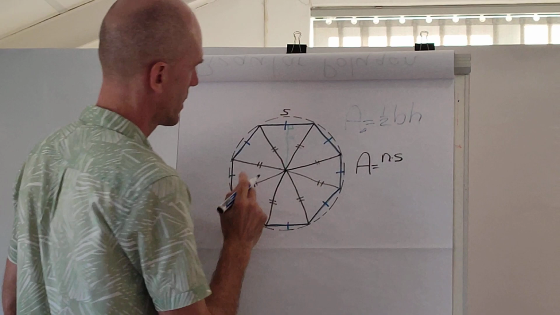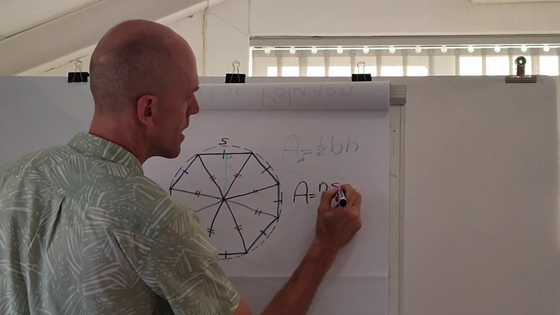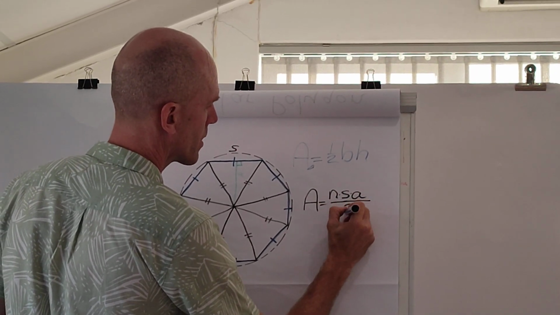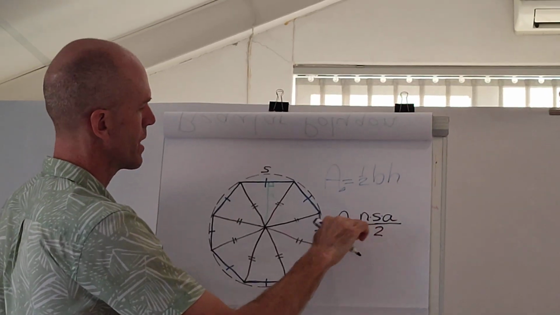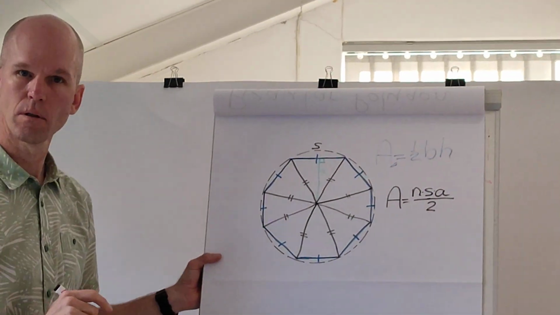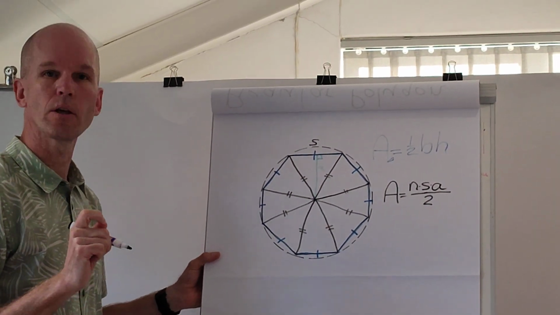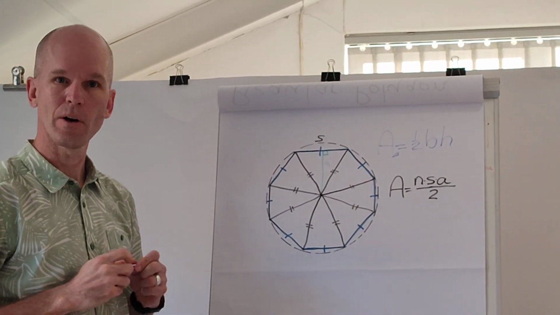This here, which we've defined as the apothem, and divide by 2. So it's exactly that, just with a number of sides. Alright, what I want you to do now is fill that into your sheets, and then we can do a problem hunt after that. Alright, off you go.